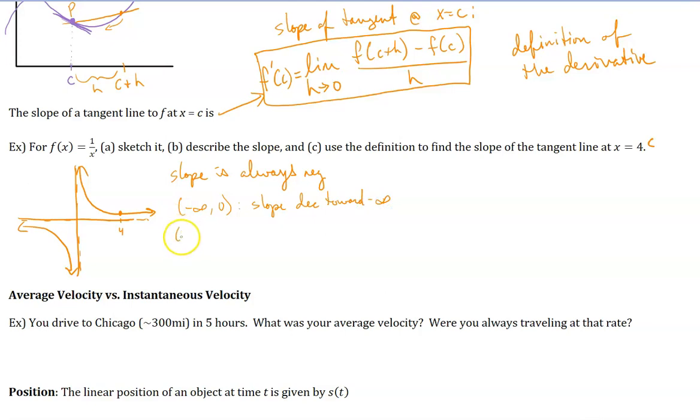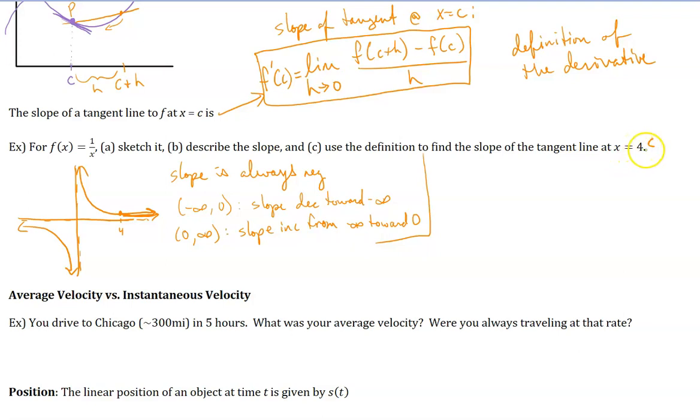And then on 0 to infinity, the slope increases from negative infinity, I don't want to say to, so I'm going to say toward 0. It approaches a slope of 0. Now, it never actually reaches 0 because we have an asymptote there. Okay?